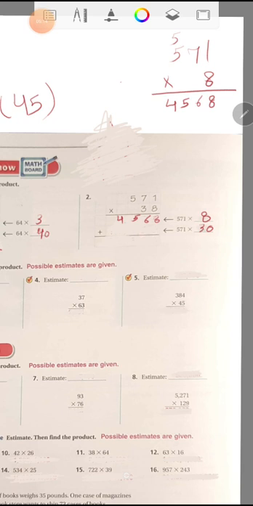Now the second one, I want to multiply 30 by 571. So I will multiply 3 by 571, and I will add the 0 next to the answer. So I will put 571 multiply 3. Now 3 multiply 1 equals 3. 3 multiply 7 equals 21.